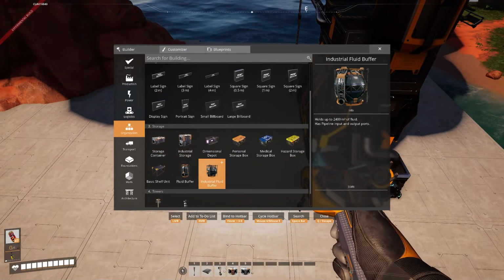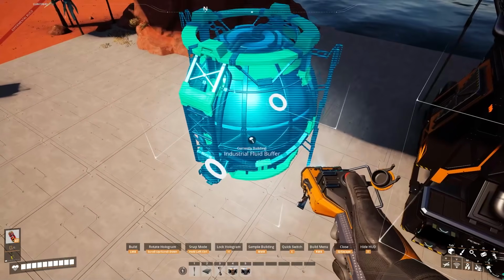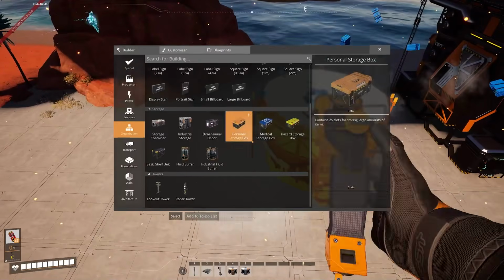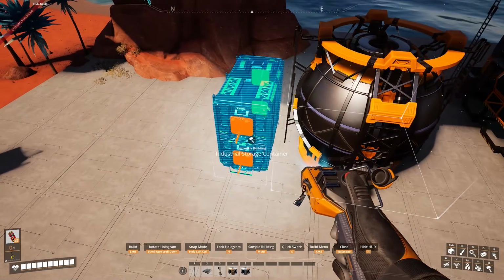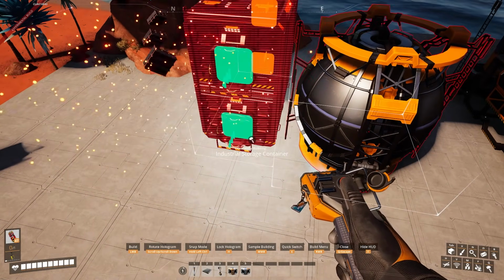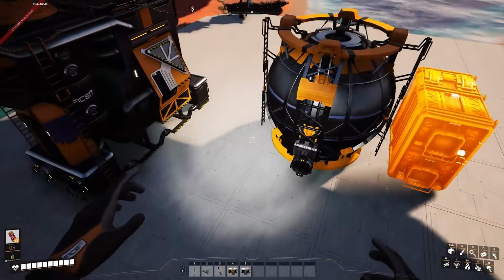We should have put a buffer, a storage, to make this super easy.